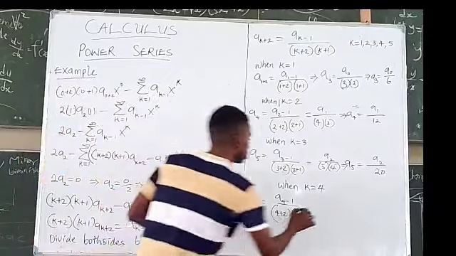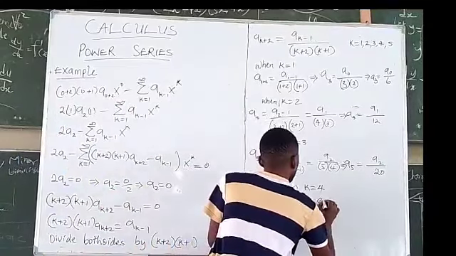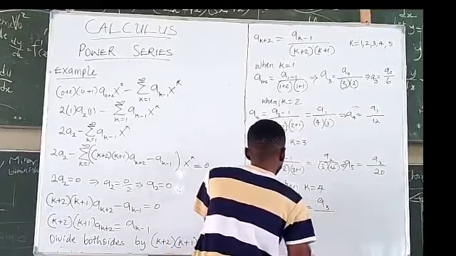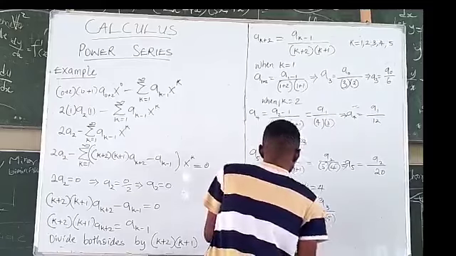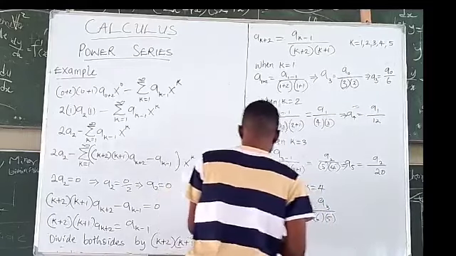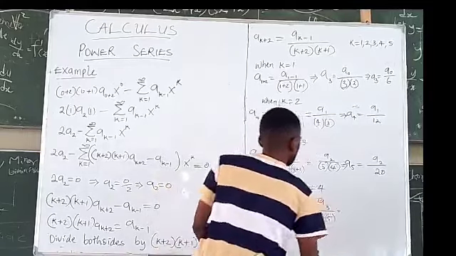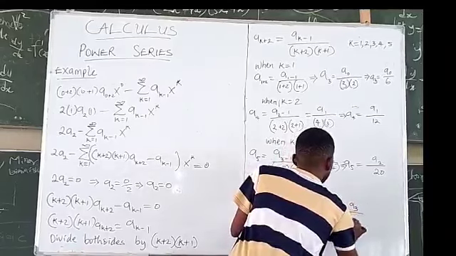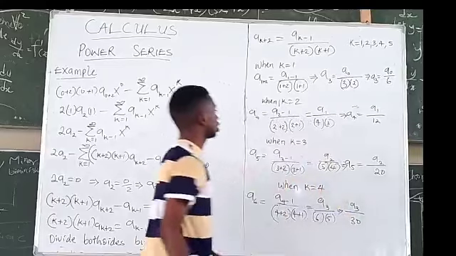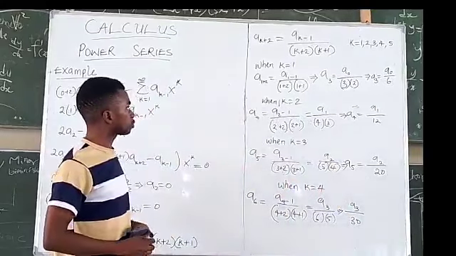Okay, and this becomes a3 all over 6 and 5. So it becomes a3 all over 30.